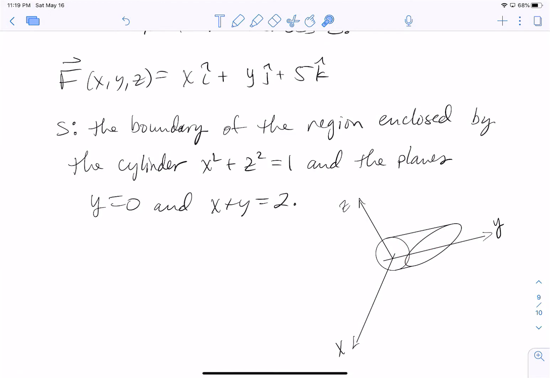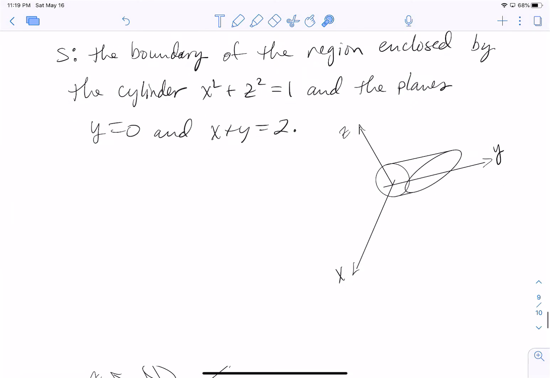Notice that my x-axis is pointing kind of down and my y-axis is pointing out and my z-axis isn't vertical. That's the only way that this face of the cylinder, well, the face of the surface, made sense to me. It's the face that's been sliced by the plane x plus y equals 2.